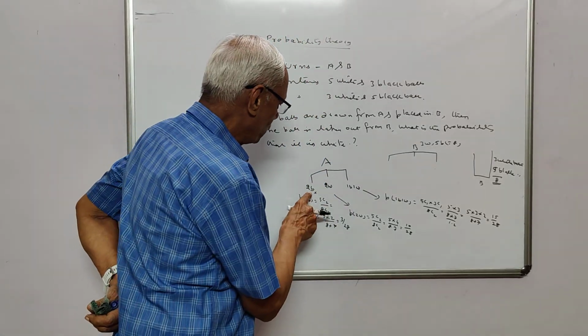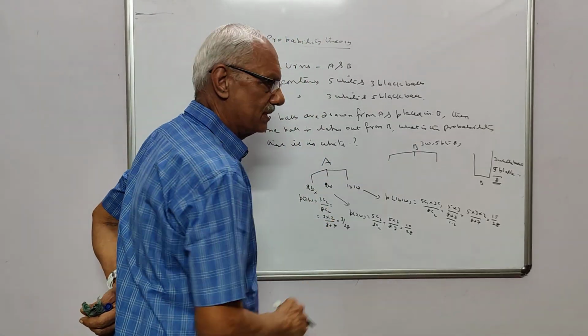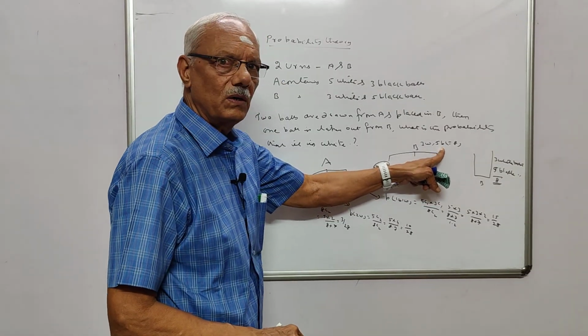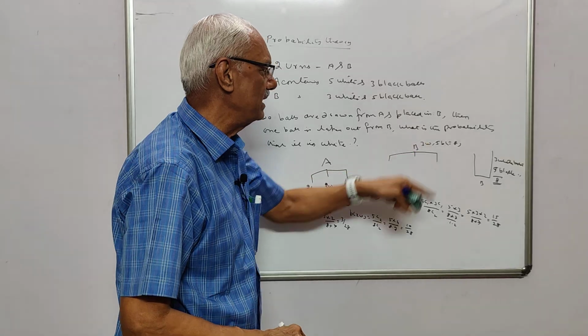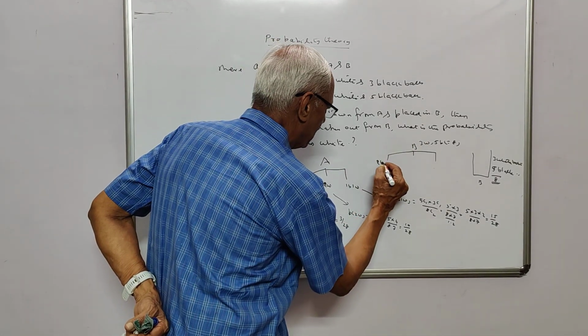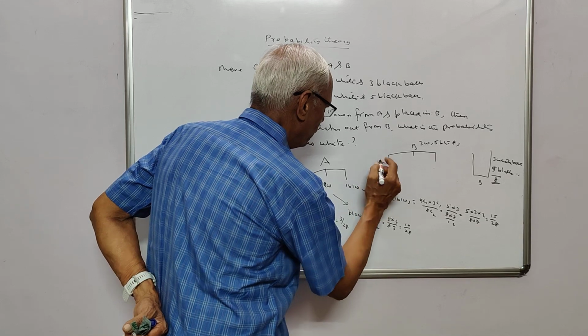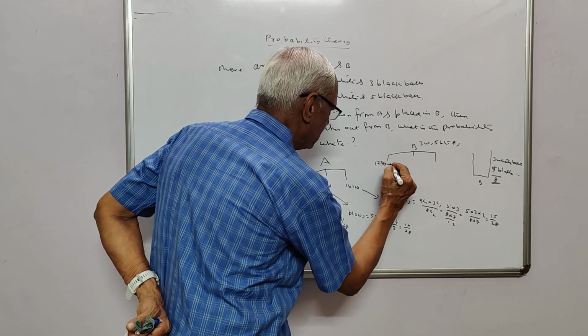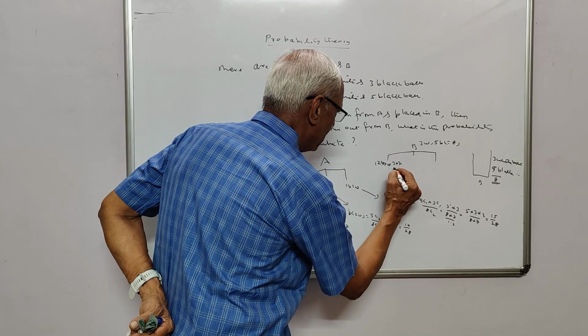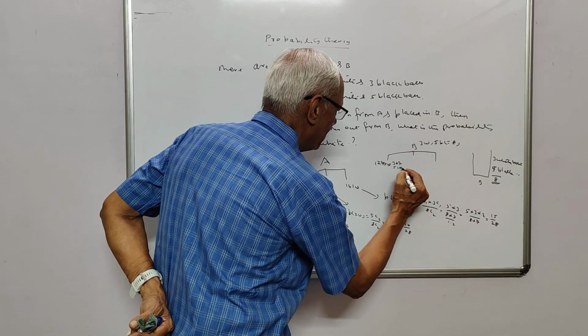So when these two balls come and fall in this, there will be 7 balls, and 7 plus 3 will be 10. If two black balls come here, it will be 3 plus 7, so this is equal to 10.